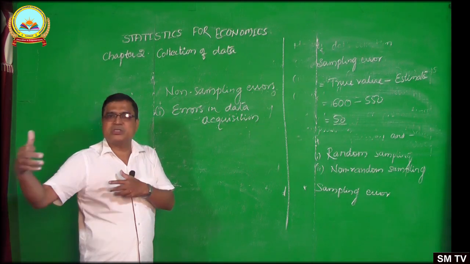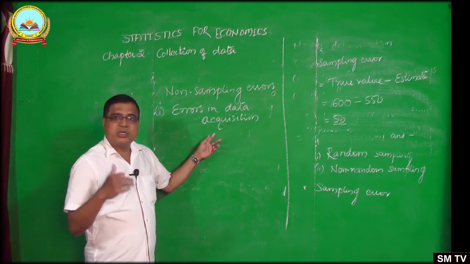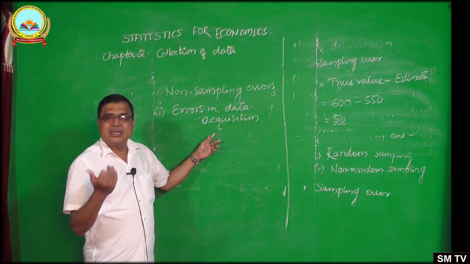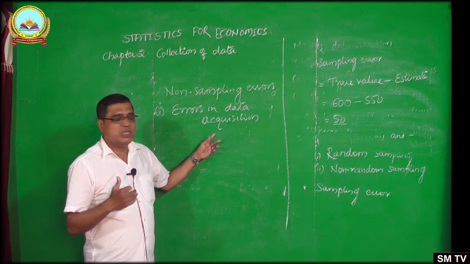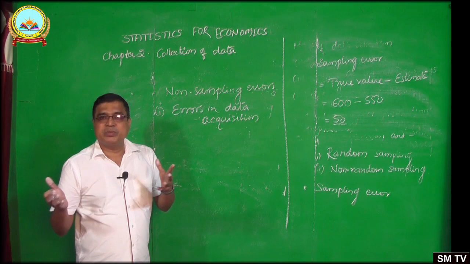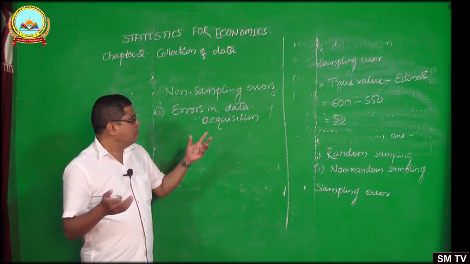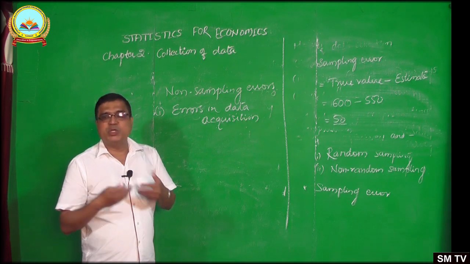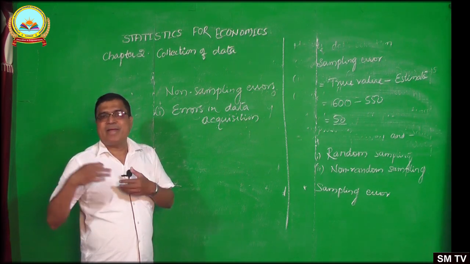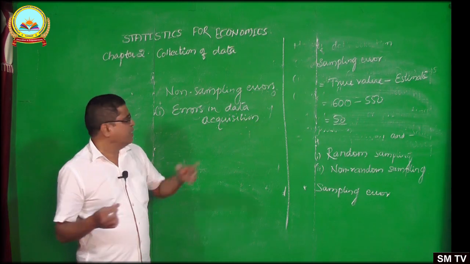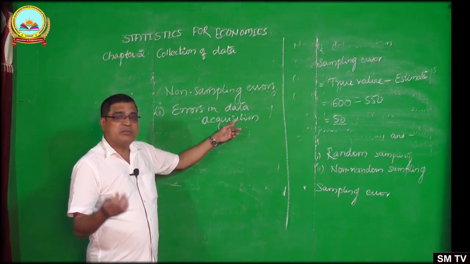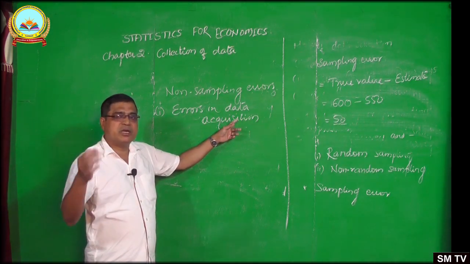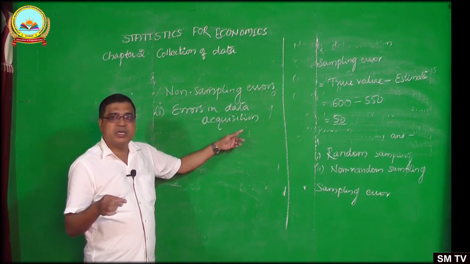He may not collect the information properly. So such things can happen. These may be human errors, some natural errors, and therefore errors may be there in the data acquisition or collection itself.